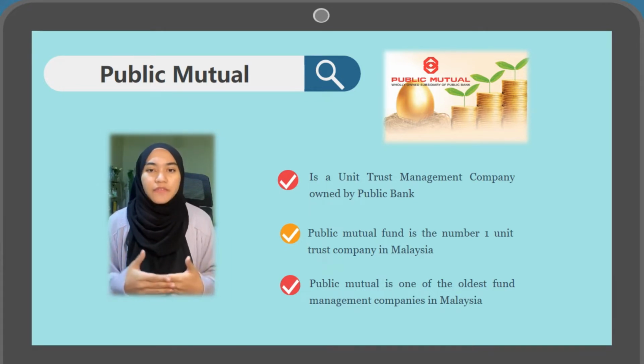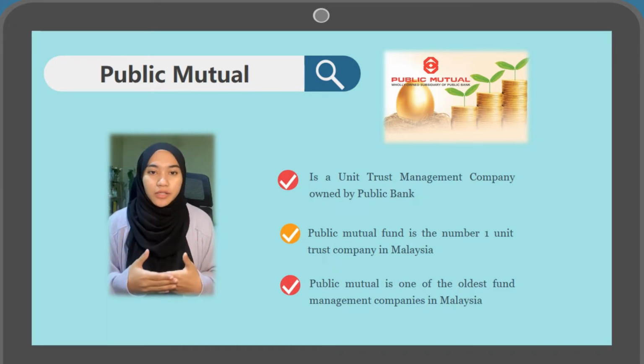Most banks have their own unit trust management company. Under Public Mutual Berhad, they manage about 147 unit trust funds.